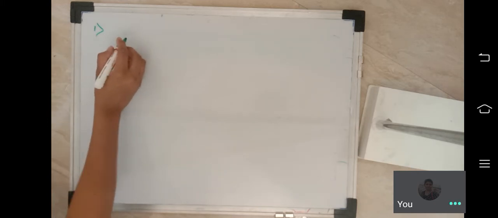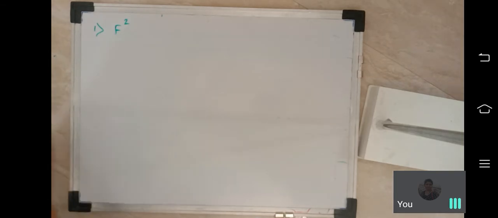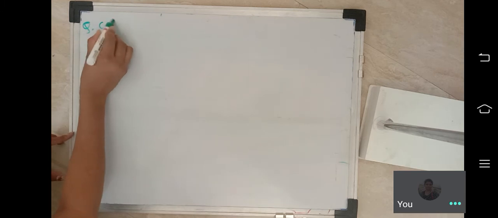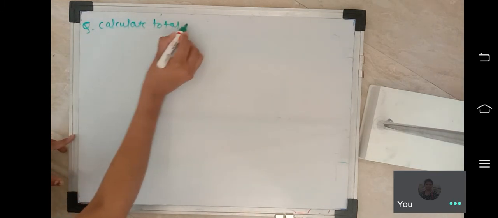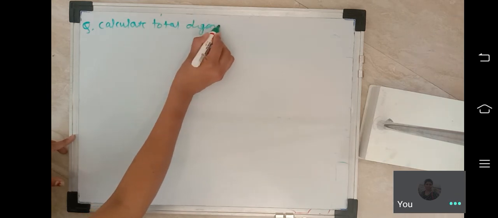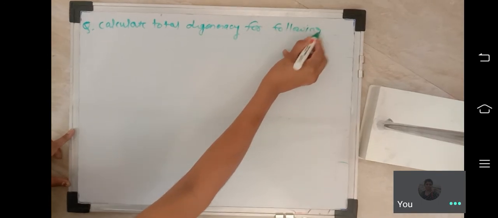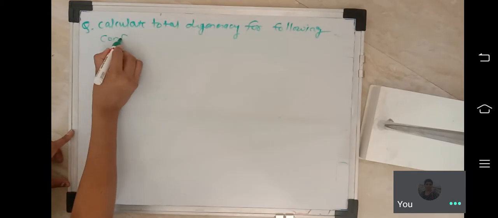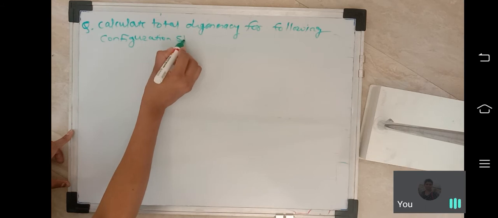That is the configuration. When F2 is there, what is the question? First write the question: calculate the total degeneracy for the following configuration state.